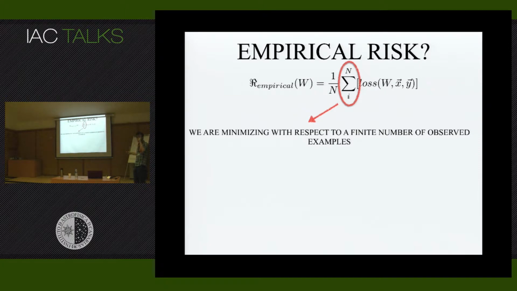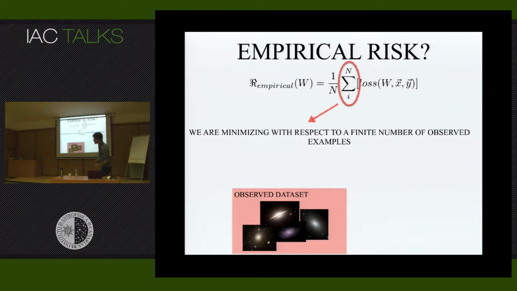Since this is supervised learning, you are based on a training set, and the training set is just made of a finite number of observed examples. So you are finding the weights that minimize the loss for a given number of objects that are part of your training set. And this is important because you are assuming that your observed data set, your training set, is representative of all reality. Let's say you are going to train on this particular data set, and then you are going to apply it to a blind data set.